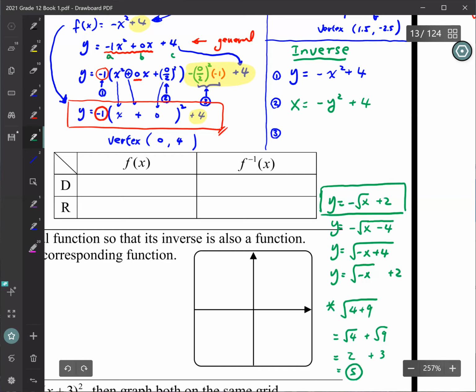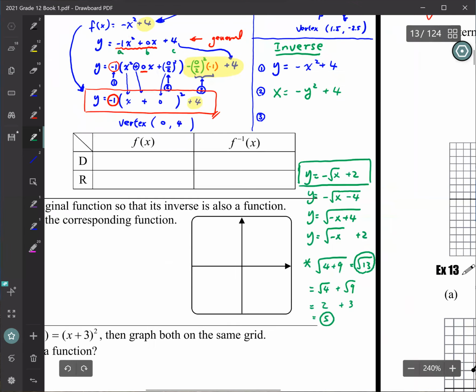If you don't split, it will be square root of 13, because 9 plus 4 is 13. If you split, it'll be 5. So they are not the same. If they are the same, then it doesn't matter if you split or not, you should get the same answer.